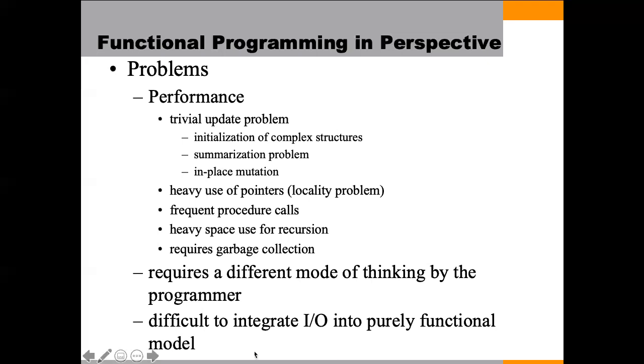And then because you're not having the programmer do it explicitly, you have to do a lot of garbage collection. Like if you really are creating new data structures every time, like in that finite state machine example, if you keep creating a new list with each new move, then the previous list needs to be garbage collected.